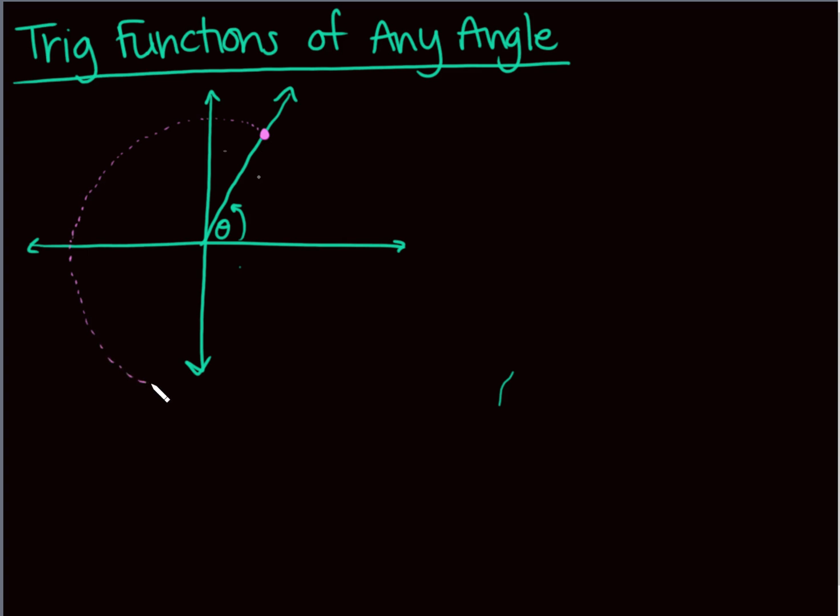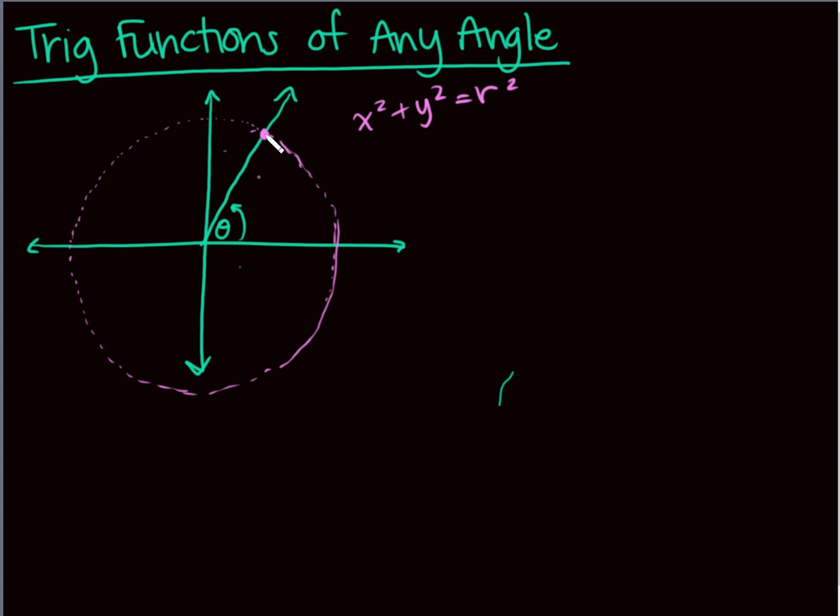If I rotated this and went through any angle between 0 and 360 degrees, I'm going to get a circle. So let's just assume that that point lies on the circle x squared plus y squared equals r squared.